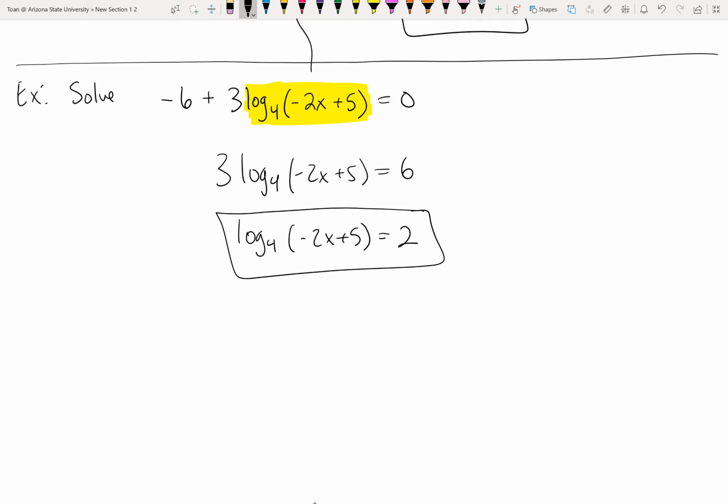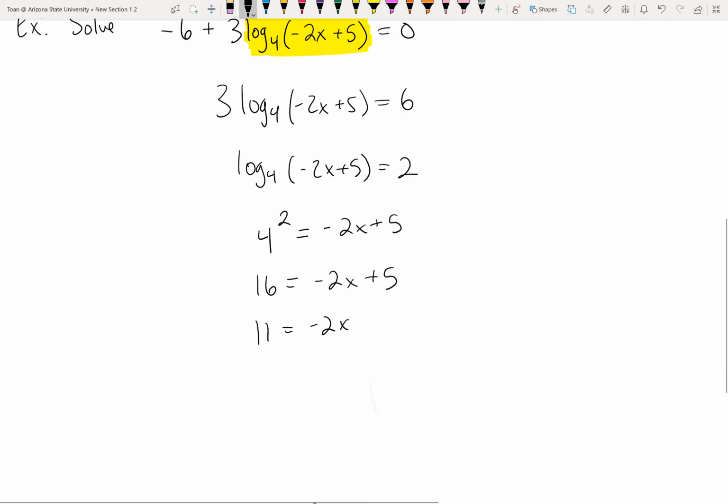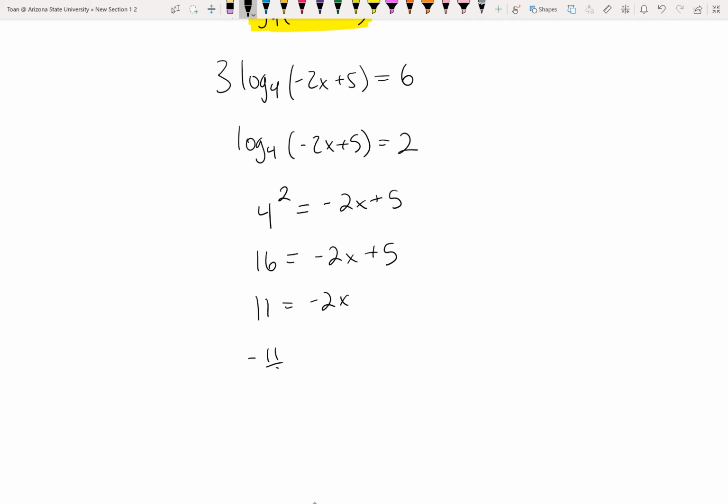What does this sentence say? It says 2 is the exponent on base 4. That gives us an answer of negative 2x plus 5. And then you just solve it like normal. So this is 16. Let's go ahead and subtract 5. And then divide out the negative 2. So there we go. X equals negative 11 over 2.